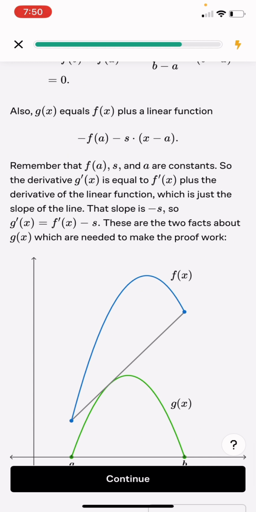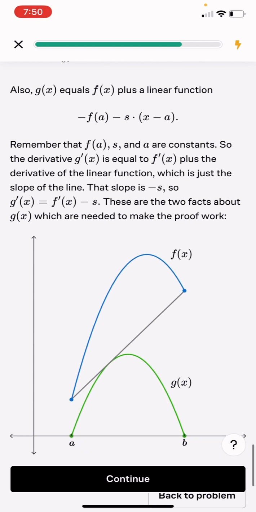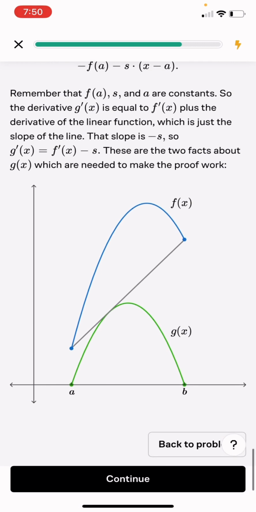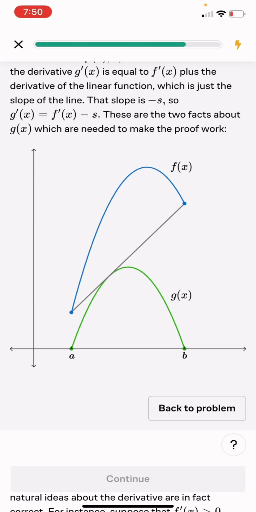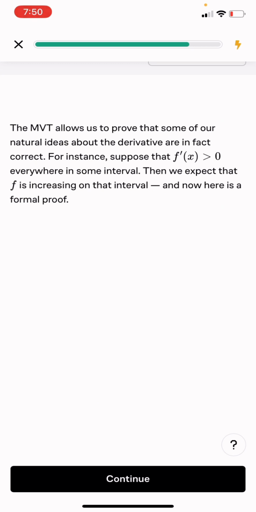Now here's a formal proof. Take any two real numbers a and b in the interval with a less than b. Then the MVT says that there is some c between a and b such that f prime of c equals (f(b) minus f(a)) over (b minus a).